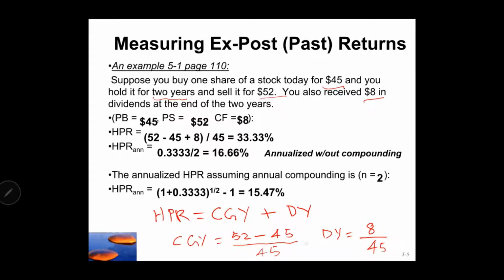So the answers which you get from this should be the same.